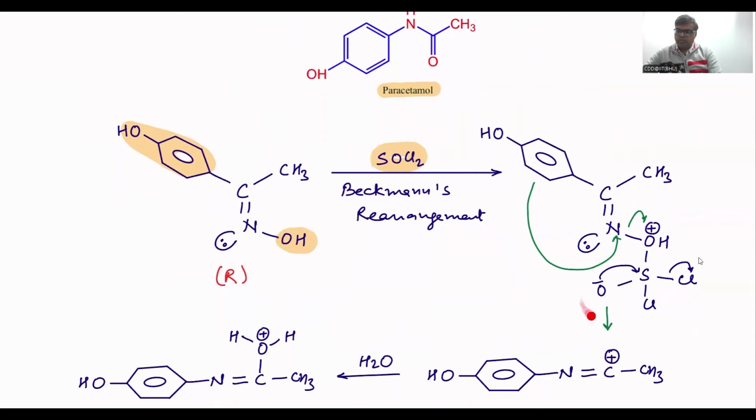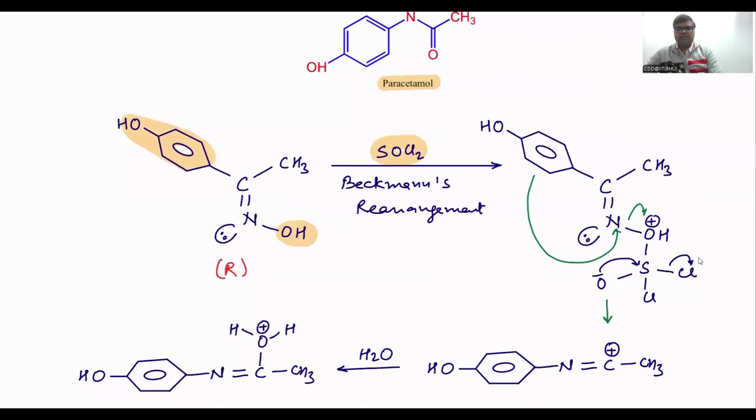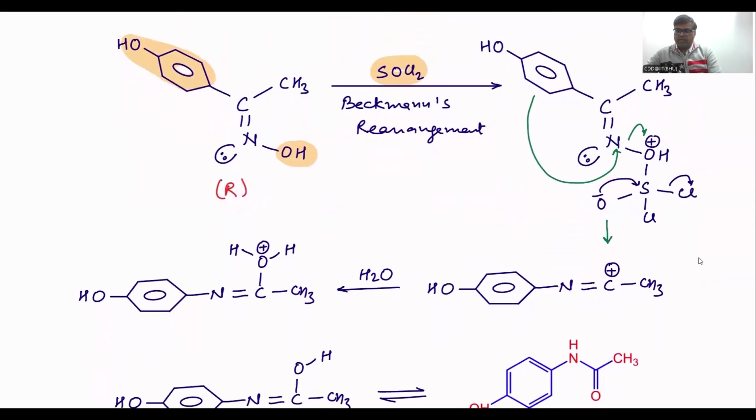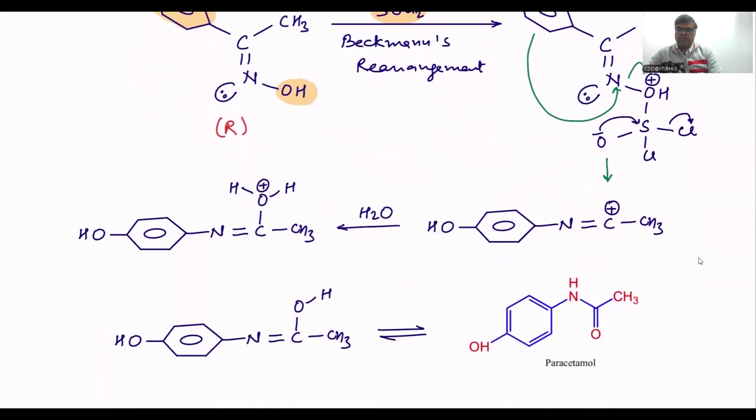So this SOCl2 part will be added over here. Then this will be eliminated and a carbocation will be formed. And to this carbocation, when water attacks, it will form OH2 plus again. And then again we remove H plus. It will form a tautomeric form, which gets tautomerized and it will form paracetamol.